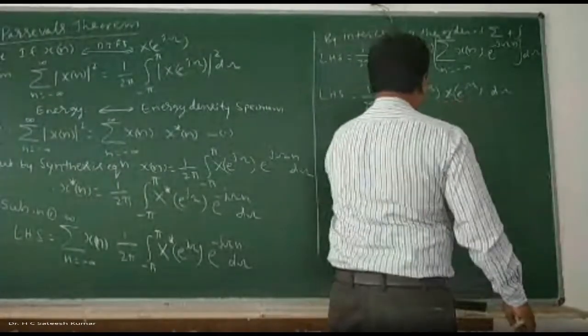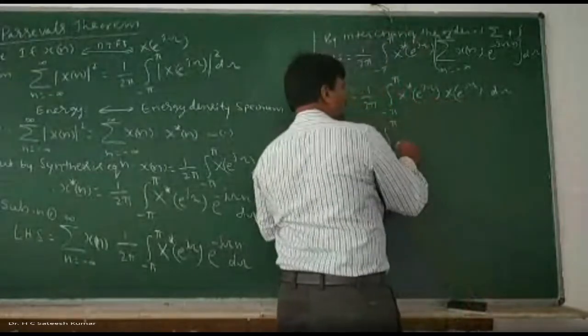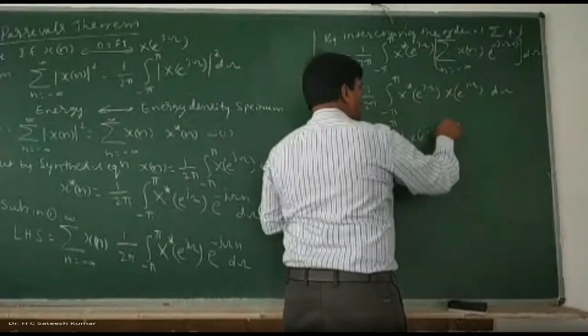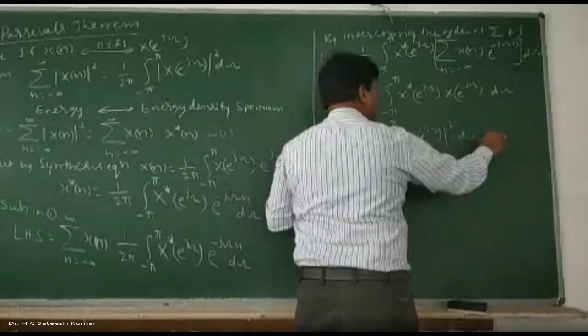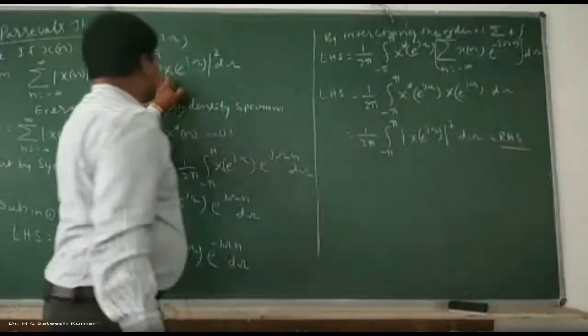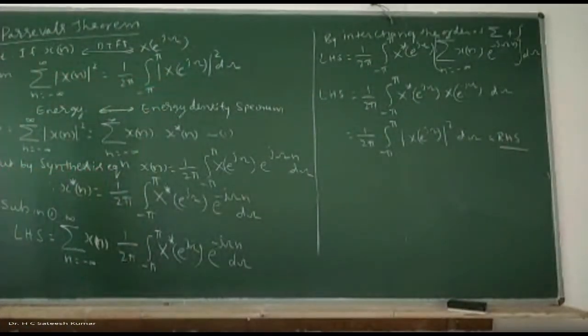Same way, x star of e to the power of j omega into x of e to the power of j omega can be written as magnitude of x of e to the power of j omega whole square into d omega, which is the required answer. You can check it out. It is RHS. So this is your answer. That means energy in time domain is nothing but energy density spectrum in frequency domain. That's what you should understand from this, right?